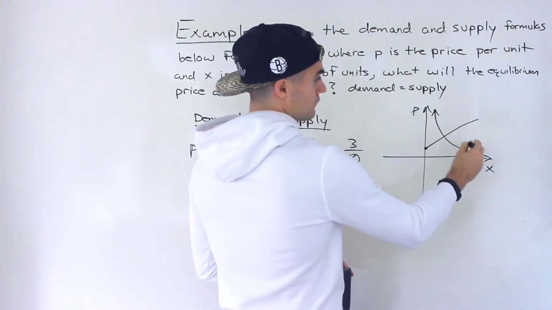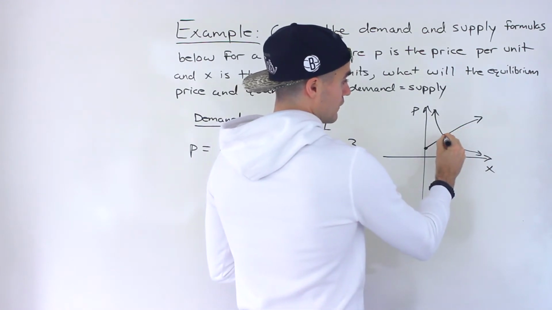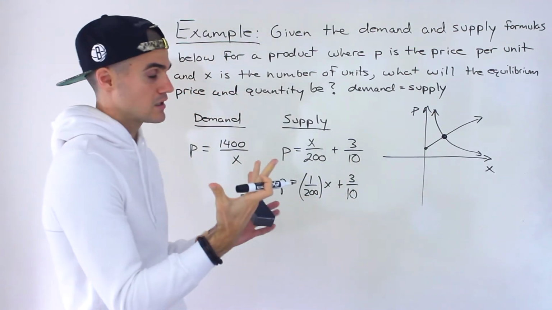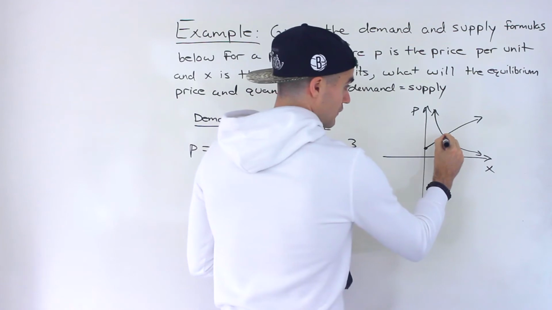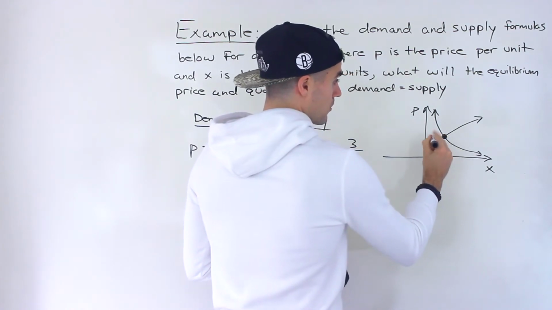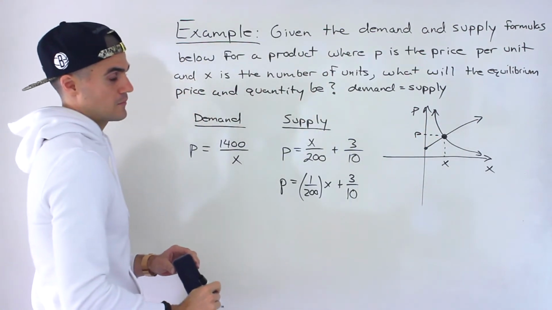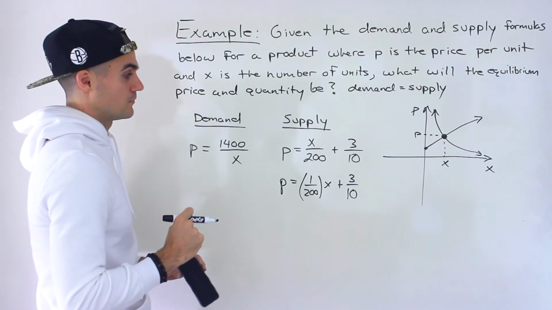So this is the demand function, this is the supply function, and we have to find the intersection between them. That's going to be the equilibrium. More specifically, we have to find the number of units at this point, and then the price at that point. So that's what we're doing from a higher level.